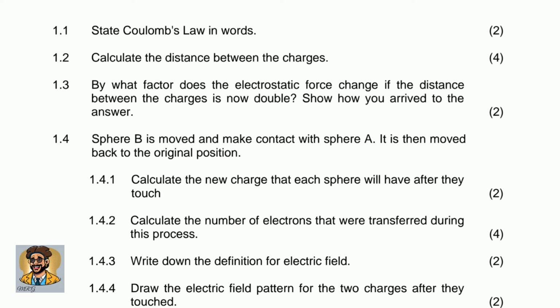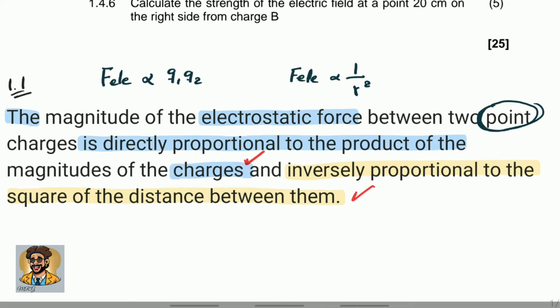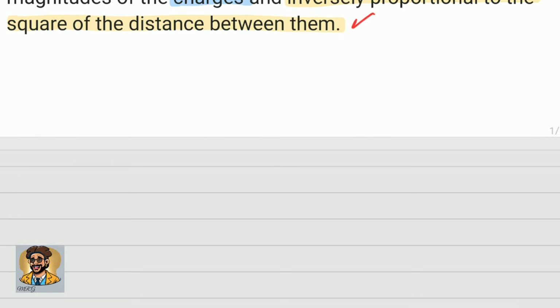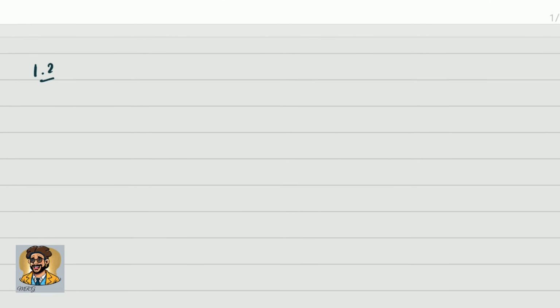Question 1.2, calculate the distance between the charges. Now we have to use Coulomb's law. Coulomb's law has a formula which we are going to use to calculate the distance between the 2 charges. Now we're looking for the distance. What formula are we going to use?